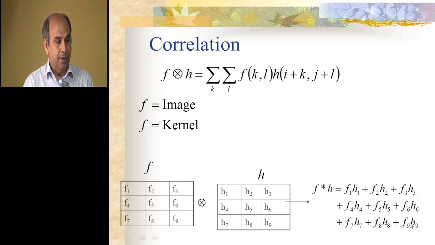That gives you an equation for the process I explained intuitively. In your program this is 2 loops: go through each row, there are 3 rows, and given a row you go through each column. What is correlation measuring? It measures how similar two things are, because you're multiplying. If they are similar, the sum will be high. If they are not similar, it will be low, and we'll talk more about that.